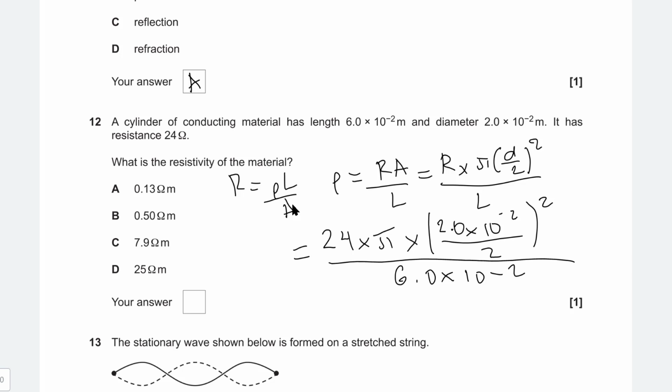So we're going to have 24 times pi times 2.0 divided by 2. So that's 1. That's essentially 10 to the power of minus 2 squared, which is 10 to the power of minus 4, divided by 6.0 times 10 to the power of minus 2 for the length, and we get an answer of pi over 25. What is that? 0.125. Correct answer is A.